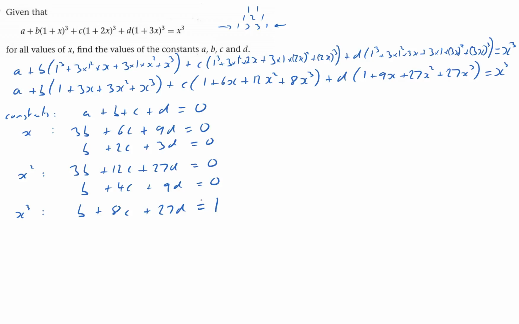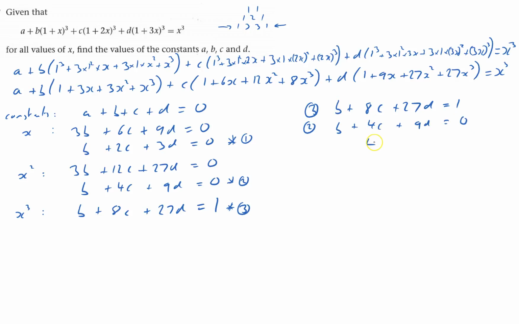And now we've got 4 equations, 4 unknowns, but only one of them's got the a in, so I'm going to have to use this one here, this one, and this one to work out where we go. Let's call them equation 1, equation 2, and equation 3. So I'm going to choose 3 first because that's the biggest one. So I'm going to do equation 3, which is b plus 8c plus 27d equals 1, and subtract 2 from it, which is b plus 4c plus 9d, and that equals 0.